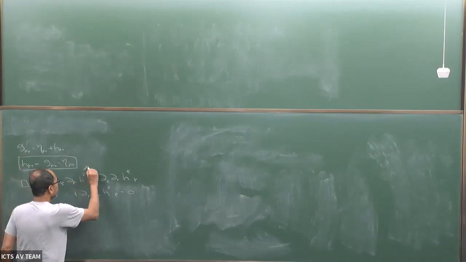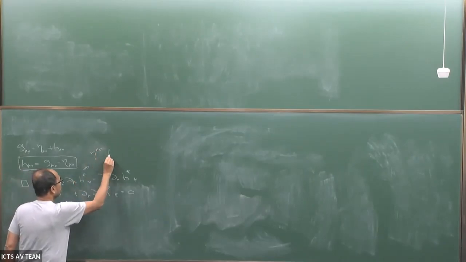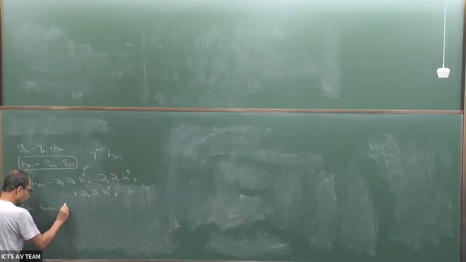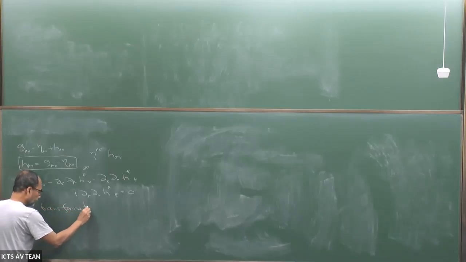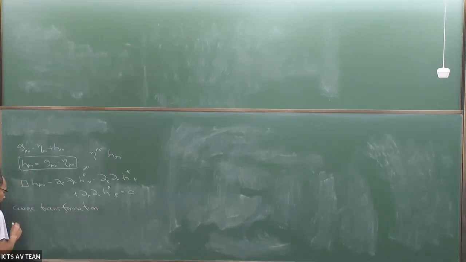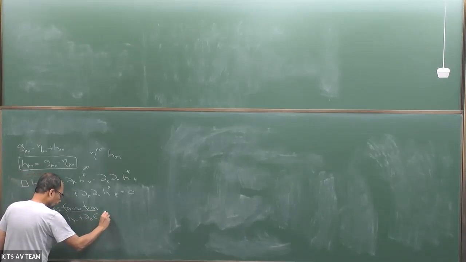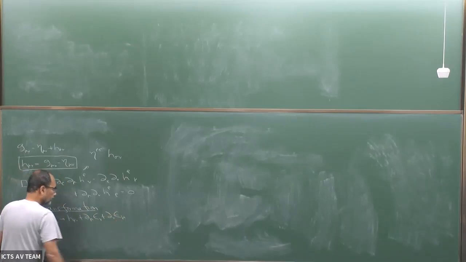So this is eta rho sigma. And then we also looked at gauge transformation, which is basically the general coordinate transformation, and that was H mu nu... It is linearized.